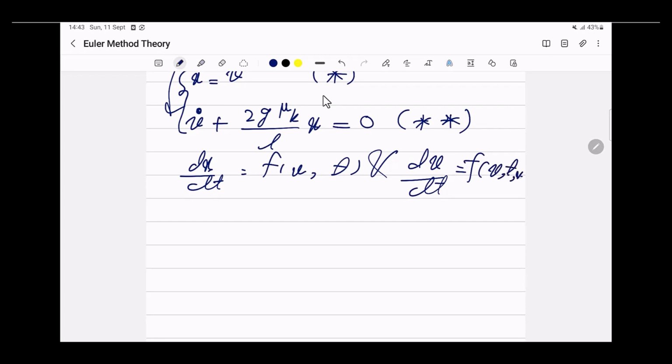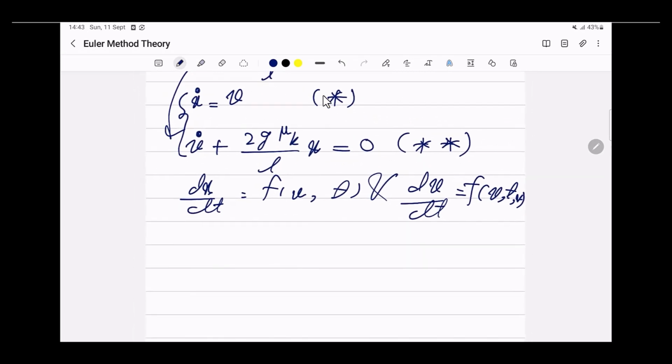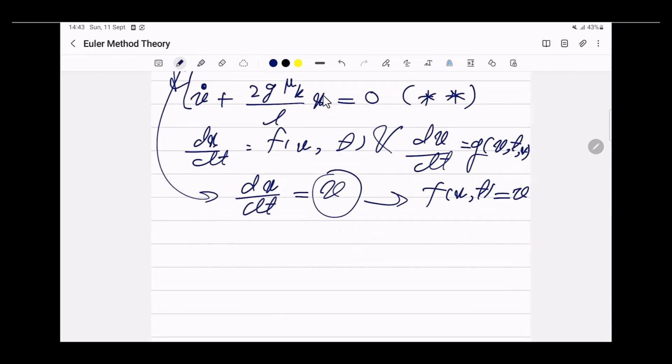Alright, so to do this, for the first one, this is quite simple. This is already done. So we have dx/dt is equal to v. Now, let me just change the name of this function. Let's call it g. So this is our f. So we have f of x and t. It's not necessarily a function of that. f(x,t) is equal to v.